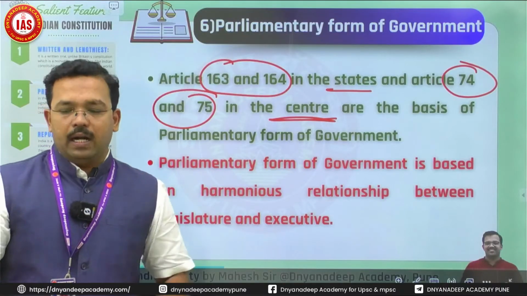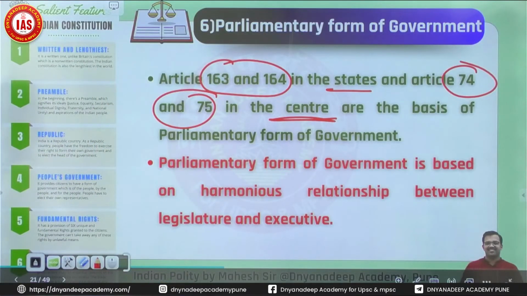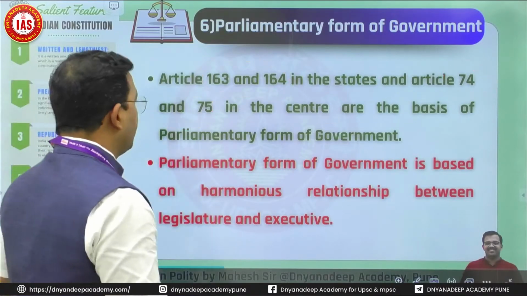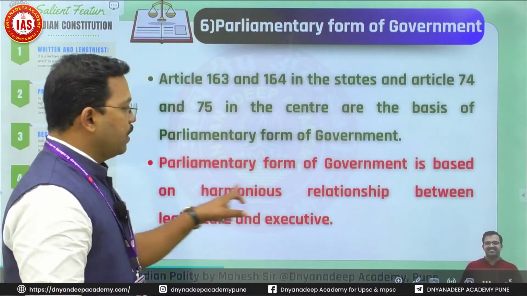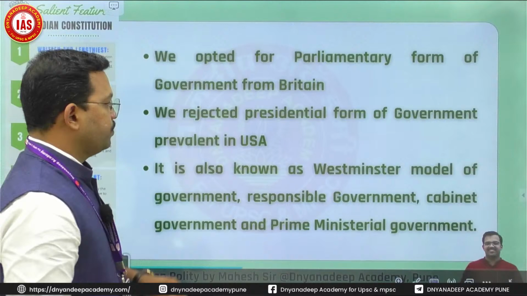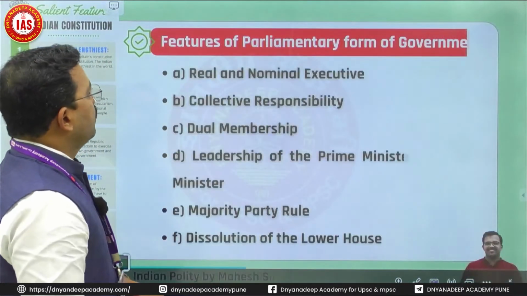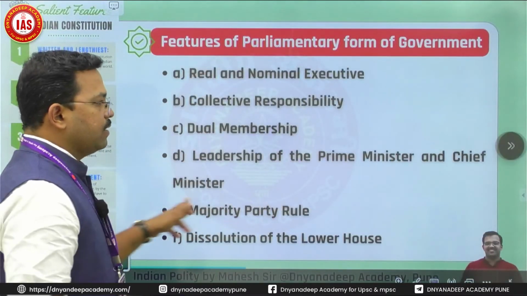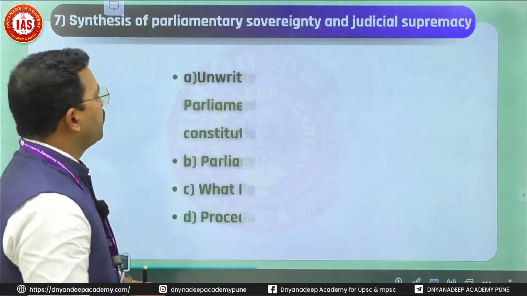So remember Article 74 and 75 in the center and Article 163 and Article 164 in the state. These are the basis of the parliamentary form of government in the Indian Constitution. Now we will study all these things in that separate topic, parliamentary form of government.